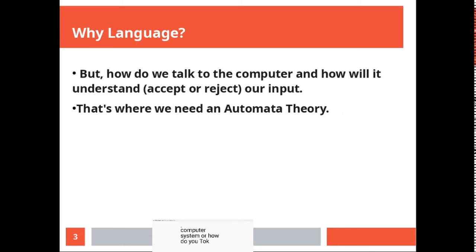How do you talk to any machine in general, not necessarily a computer system? How do you know whether a machine like a computer accepts or rejects an input? That's where you need automata theory.